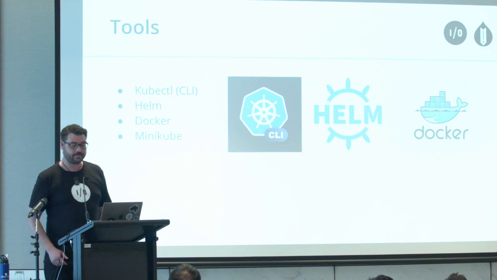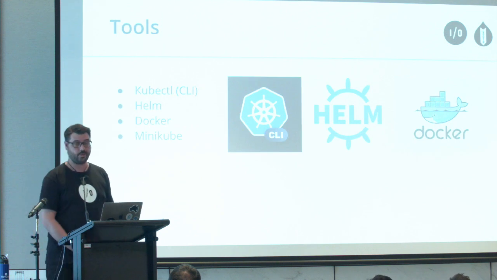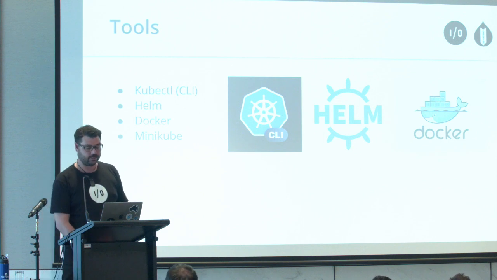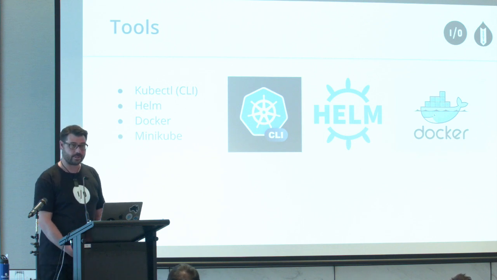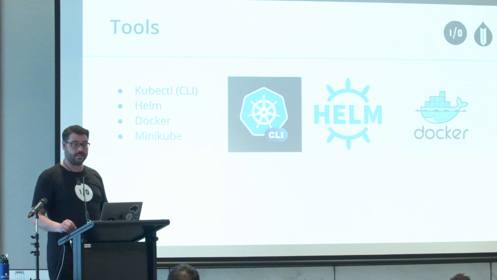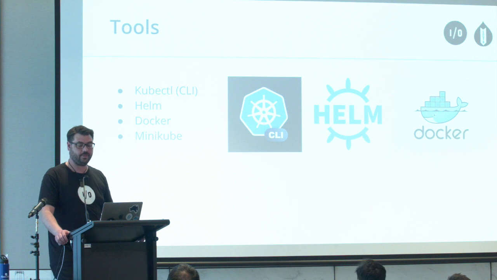So some of the tools that you'll often work with within Kubernetes: kubectl, or kubectl. There's a whole bunch of names, but I think the official one's kubectl. It's basically the CLI tool that you use to communicate with the server itself. Helm is a package manager for Kubernetes.